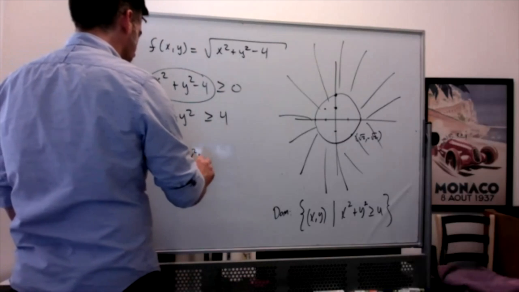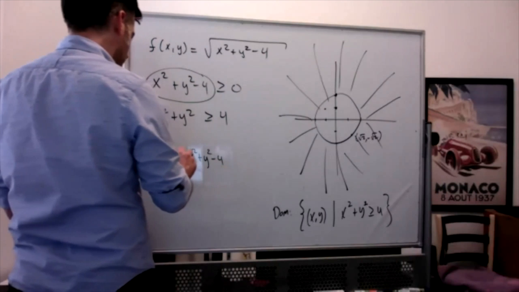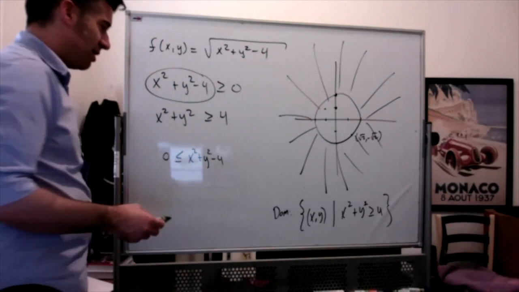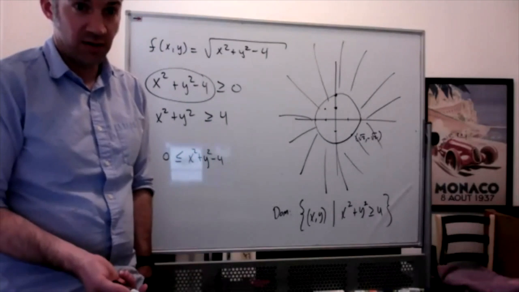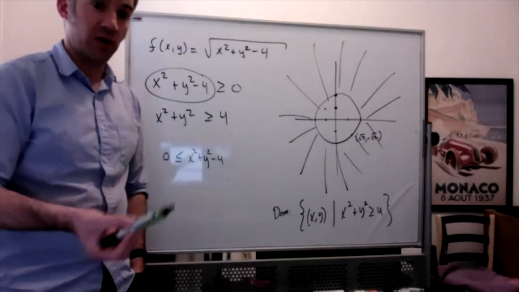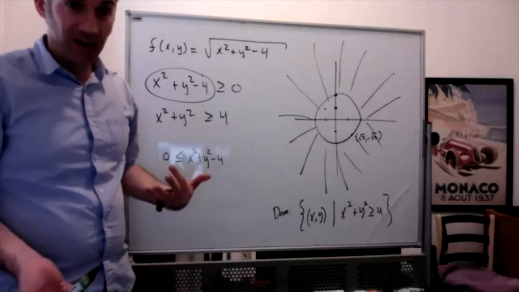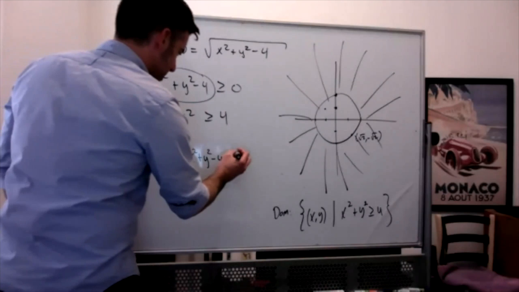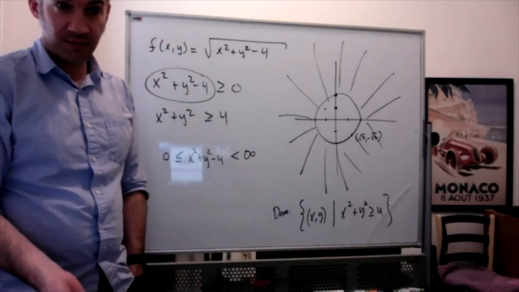So if we start with x squared plus y squared minus 4 being greater than or equal to 0, it's also true that x squared plus y squared plus 4 is unbounded, right? You can pick larger and larger values of x and or y and make this as big as you want to. So this can definitely get up to being as big as infinity.